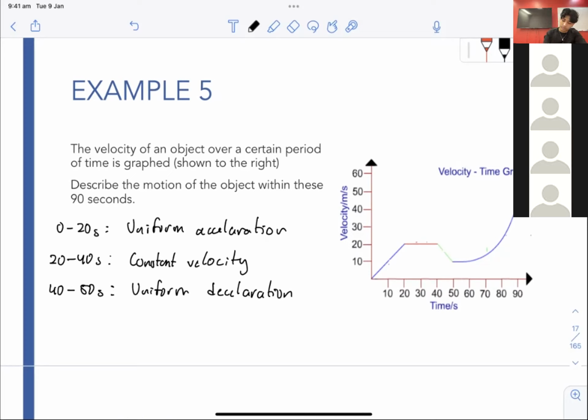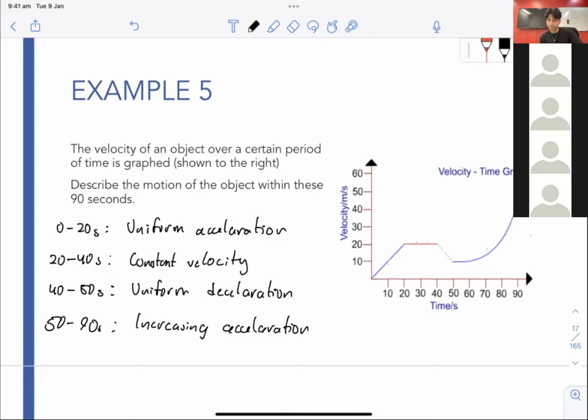Okay. So from 50 to 90 seconds, we have an increasing acceleration. All right. So not only is the velocity increasing, but the velocity is increasing at an increasing rate. Okay. And for that, that means an increasing acceleration.